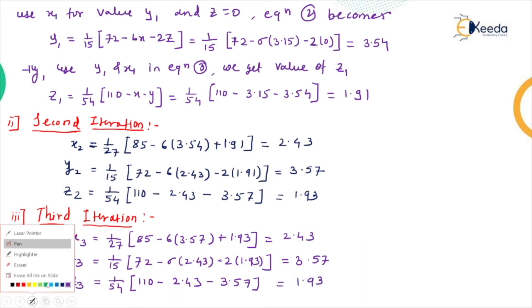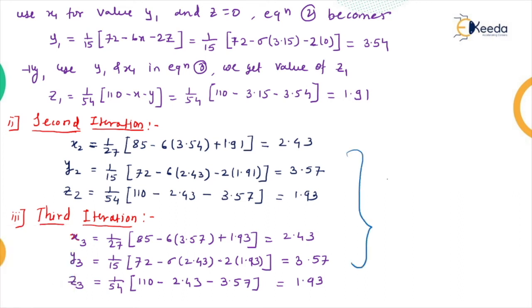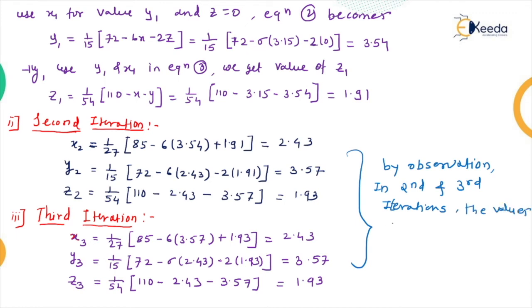Guys, you observe here by observation, in the second iteration and the third iteration, the values of the unknowns, that is x, y, z, are the same.